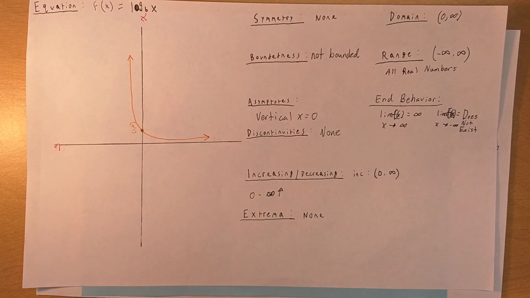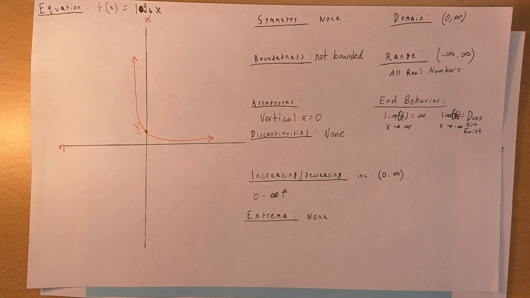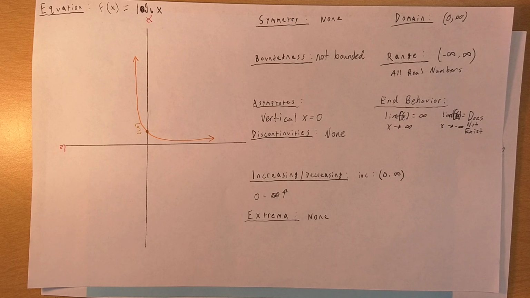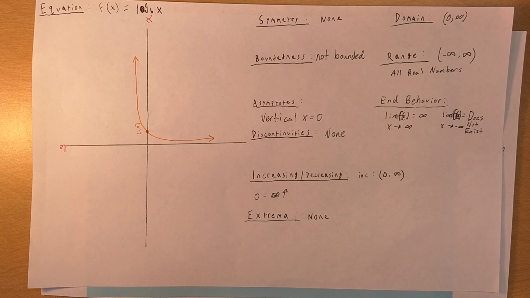There is a vertical asymptote at x equals 0, and there are no discontinuities. The function increases from 0 to infinity and has no extrema. The domain of this function is from 0 to infinity, and the range goes from negative infinity to infinity, or all real numbers.